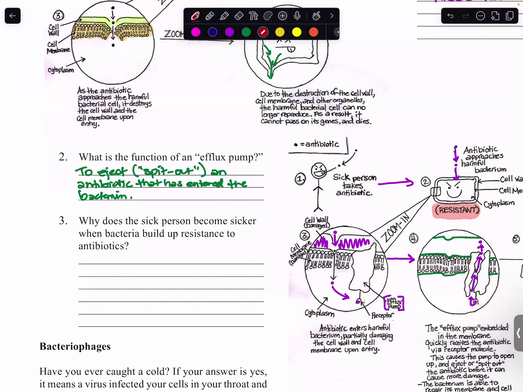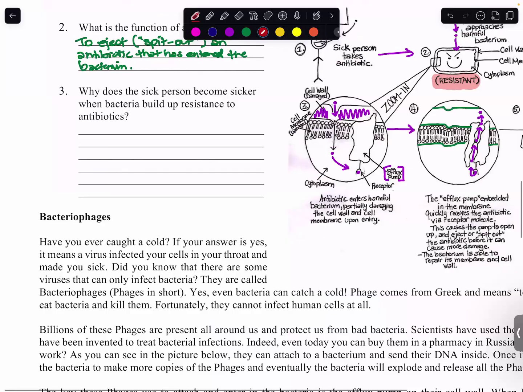Now, number 3 says, why does the sick person become sicker when bacteria build up resistance to antibiotics?